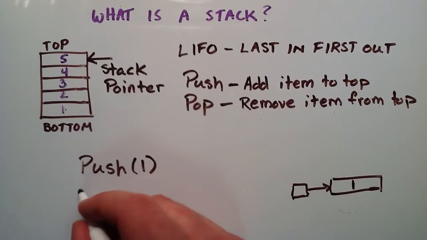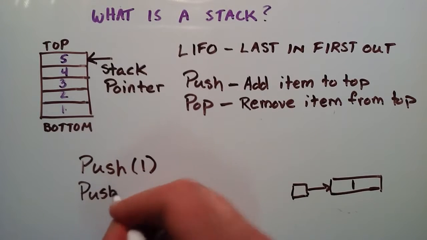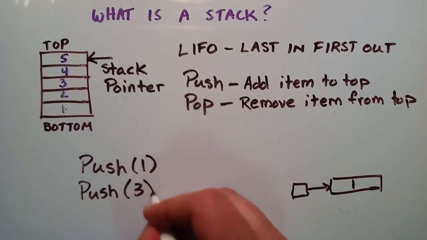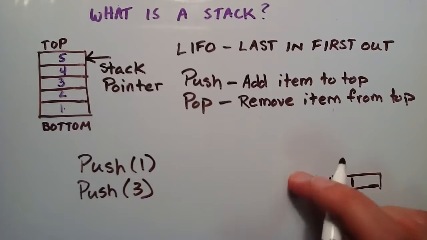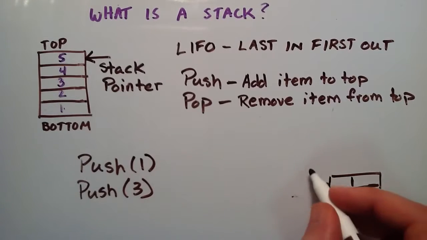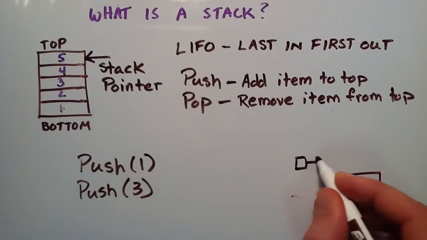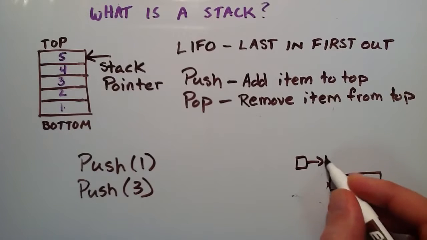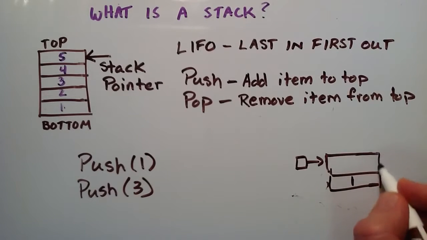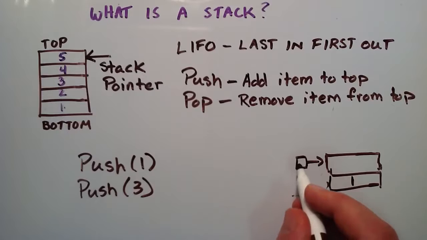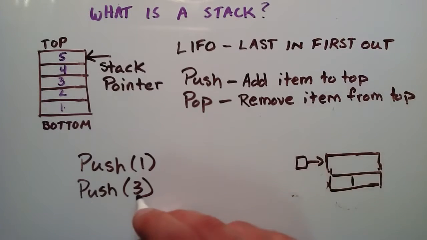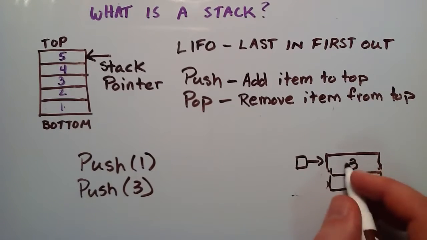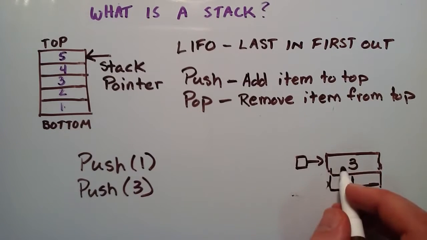Then if I wanted to push 3, my stack pointer would move up to the next location. We'd create some sort of new node here, and then our stack pointer would point to that location, and then we would place the value 3 into the new node that we created, and now this is the top of the stack.